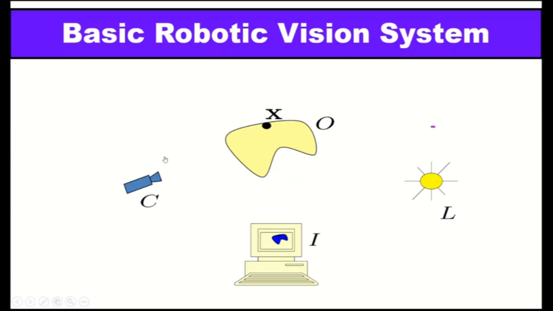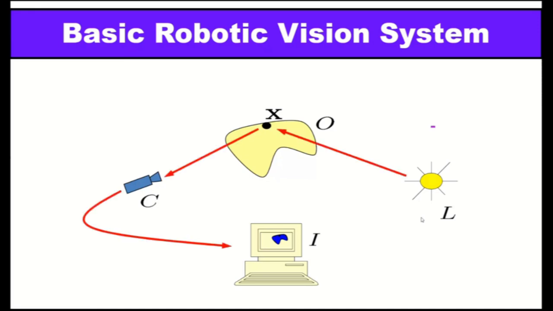Then where or what we want to see, that is the configuration space in the real world, and obviously a processor connected to the camera, and a light source, either natural or artificial light. These are the basic components of a robotic vision system.